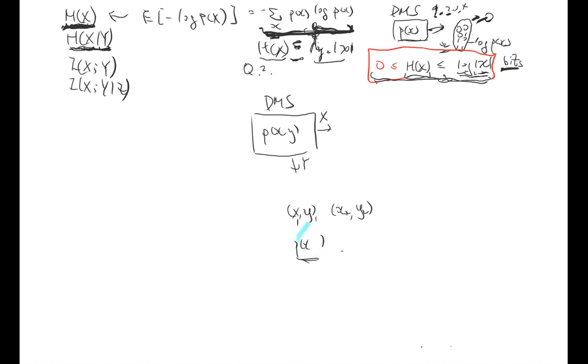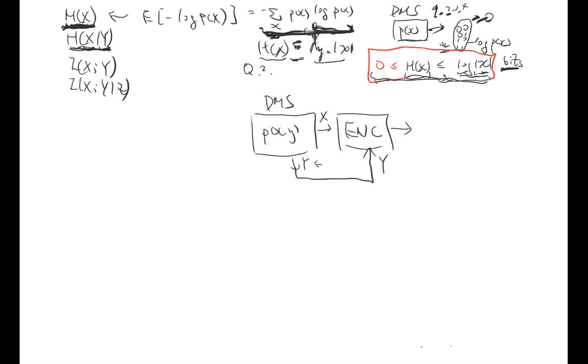Now I can do a very similar setup as we had earlier. Let's say I'm trying to compress this X, encoding it into something. But this time I have some help from Y as side information, or helper information, that we put into the encoder as well.